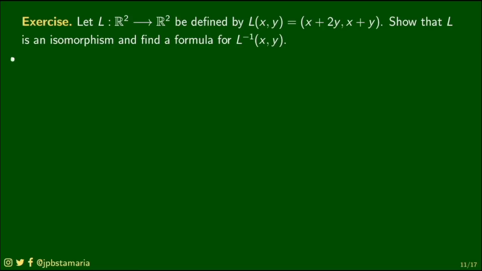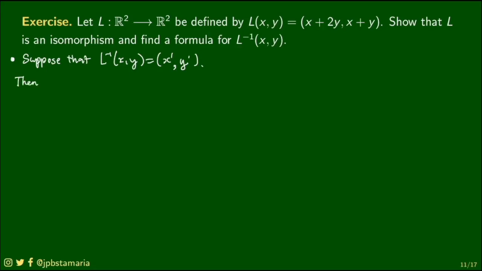Alright, so here we go. So suppose that L inverse of xy is, let's say, x prime, y prime. So the goal is to express x prime and y prime in terms of x and y, because we want a formula for this inverse.